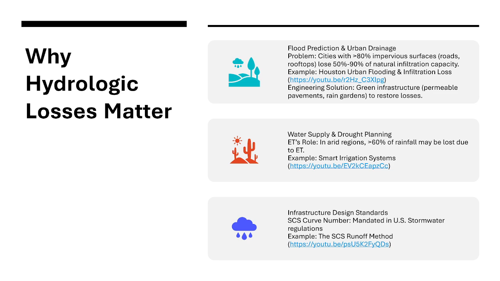Okay, so ET or your evapotranspiration, this is its role. Okay, in arid regions, 60% of rainfall may be lost due to evapotranspiration. Okay, so why water supply and drought planning?